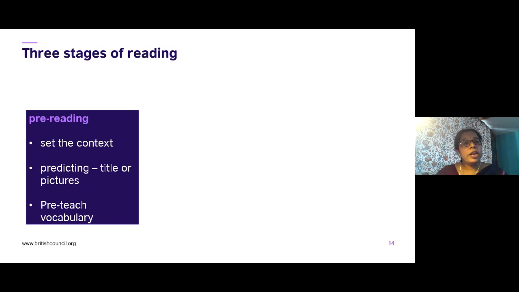By looking at those pictures, students can talk to each other and say, I think this could be a lesson about trees. I think this could be a lesson about the weather, etc. You could also pre-teach the vocabulary to your students, something that I think some of your state textbooks already do.